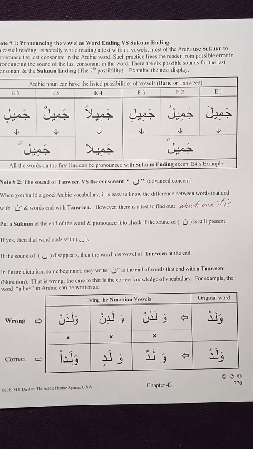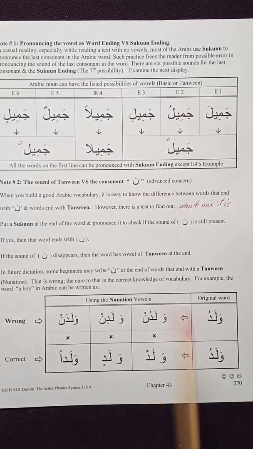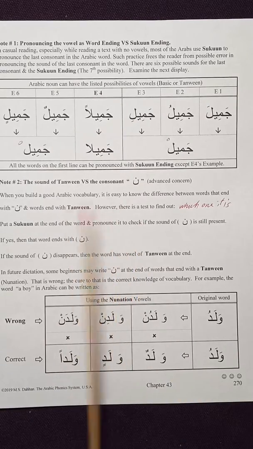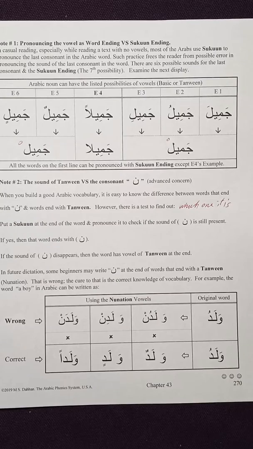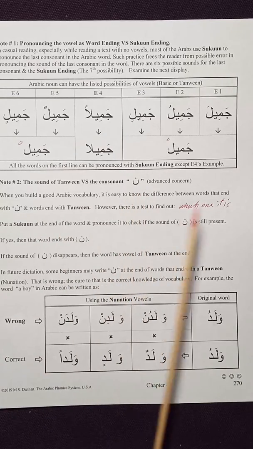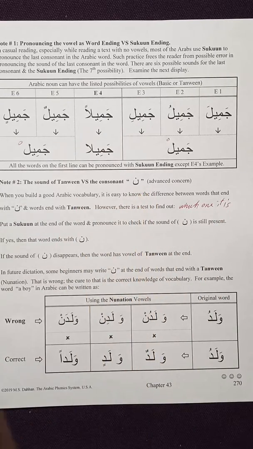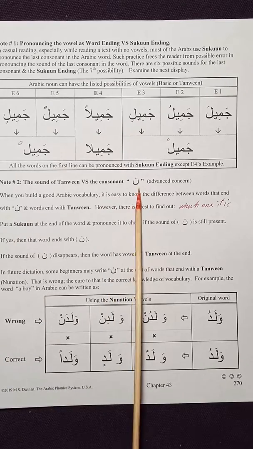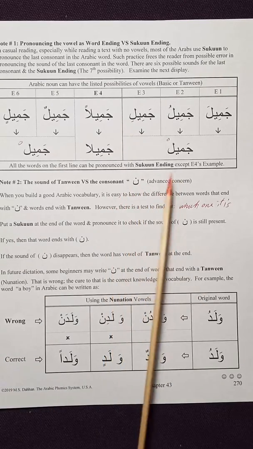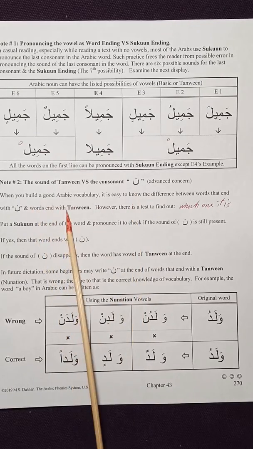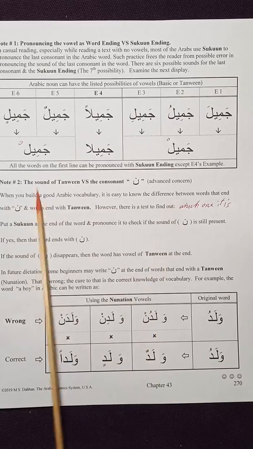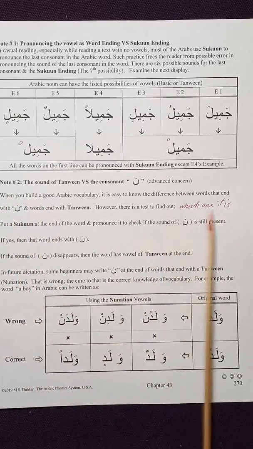The concern is that some words end with an n. How do you know the ending of the word if someone is just saying it, ending with the noon versus tanween? That's the note about. And what was the answer?